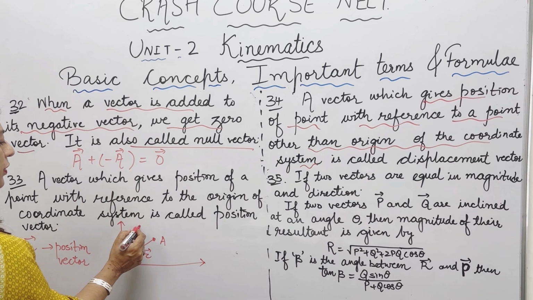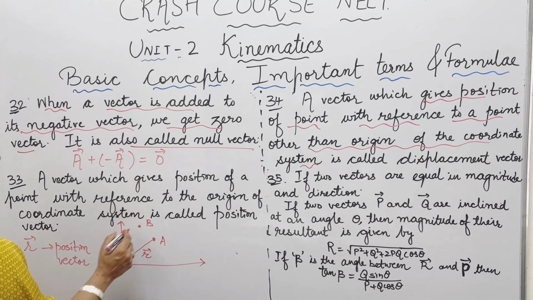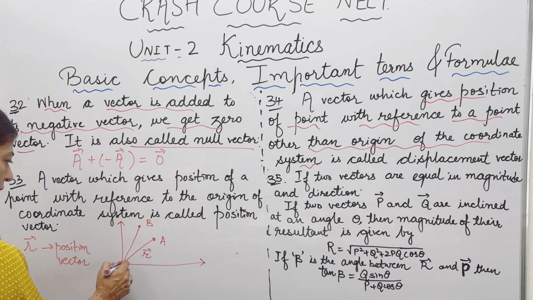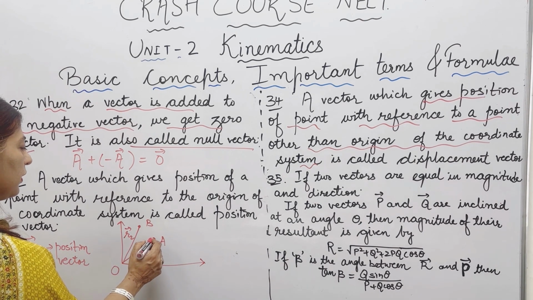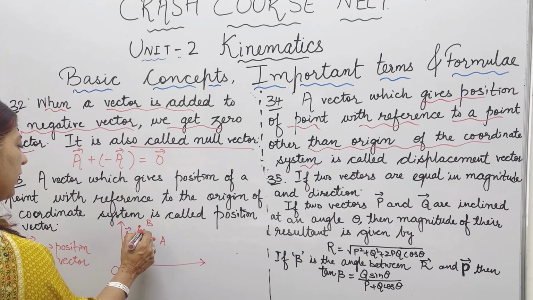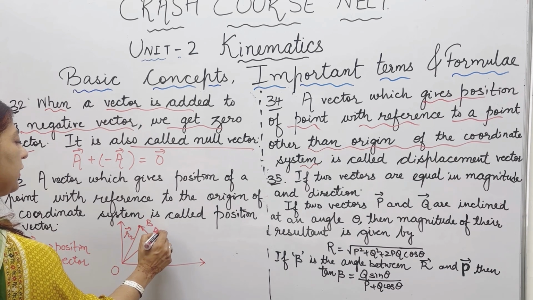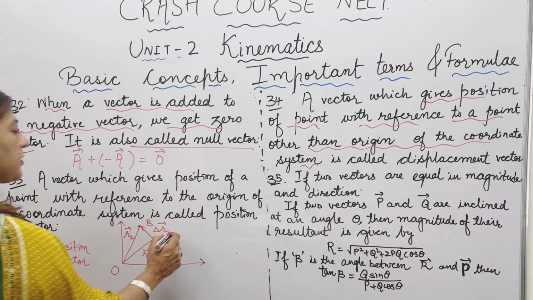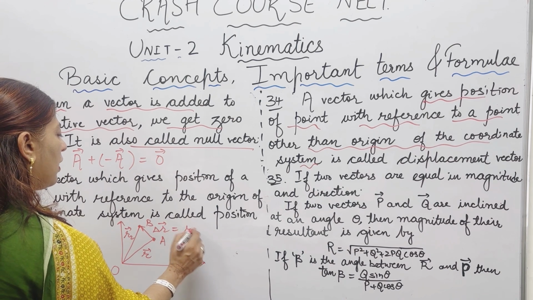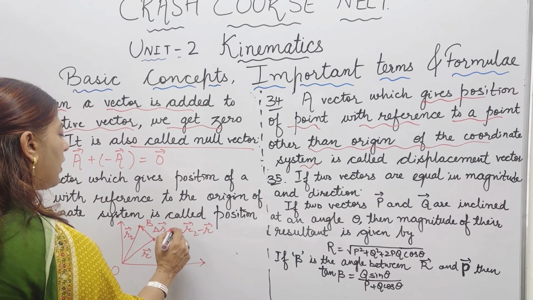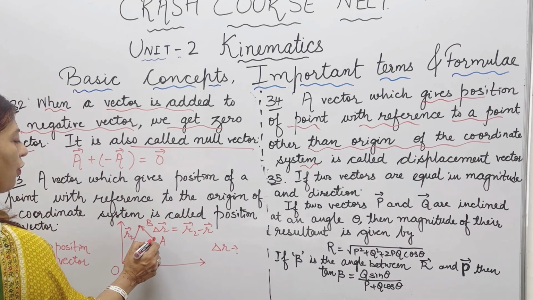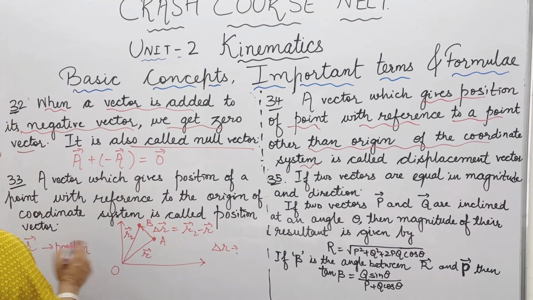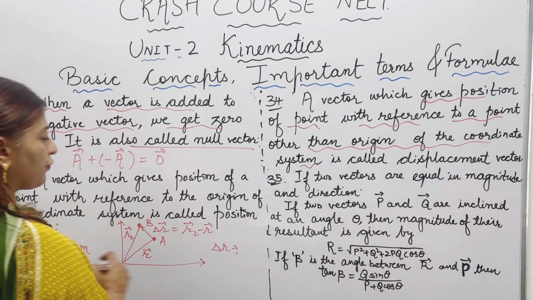So let B be another point, and R2 is the position vector for B, and let the distance between B and A be delta R. So this is given by R2 minus R. So delta R is giving the position of point A and B, but that is not including the point of origin.